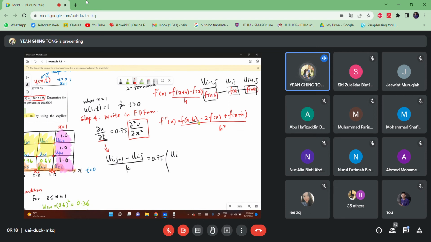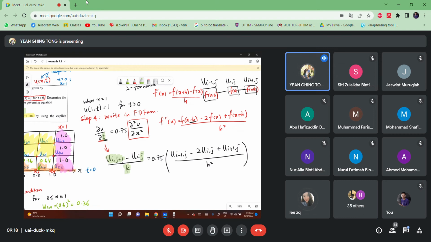So this means here, start with f(x minus h). That means u(i minus 1, j) minus 2u(i, j) plus u(i plus 1, j), divide by h square. Ziqing, why were you wrong just now? Because this one is t. t adalah j yang berubah.